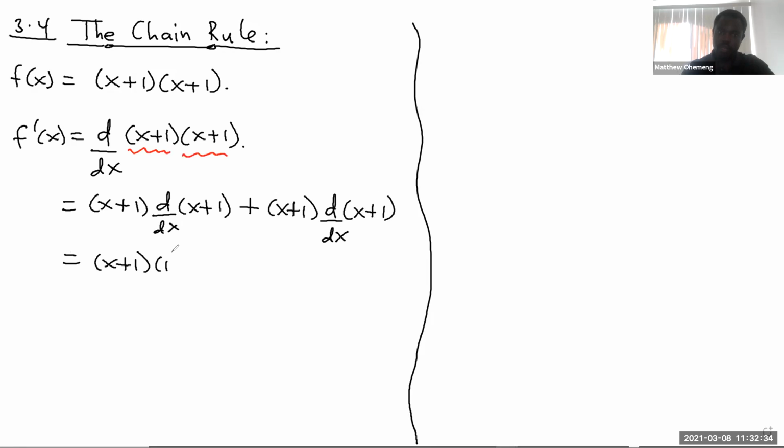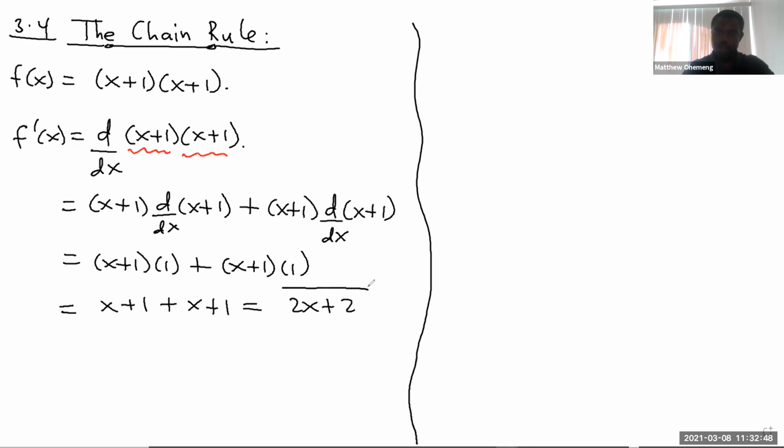Derivative of x is 1, derivative of 1 is 0. And then the same will happen for the second part, and this one is also 1. So when I'm done, I'll just get x plus 1 plus x plus 1, and that's equal to 2x plus 2. Okay, so no problems. This one, I have a way of doing it with the standard rules we've learned up to this point. We are okay. We don't need any extra rules.